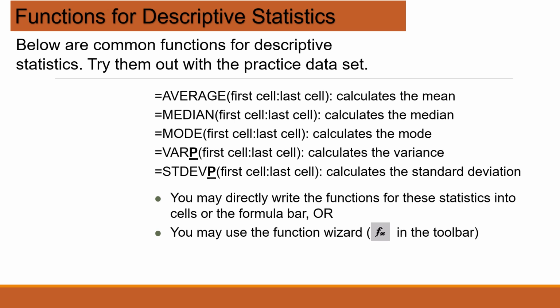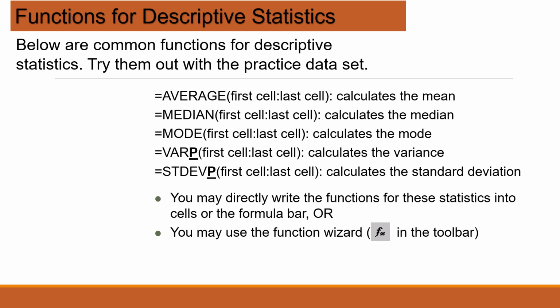Now, to write functions for descriptive statistics, you can either directly type the functions in a cell or in the formula bar, just as we described for the method of data entry into Excel, or you can decide to use the function wizard we introduced previously, which has f of x.